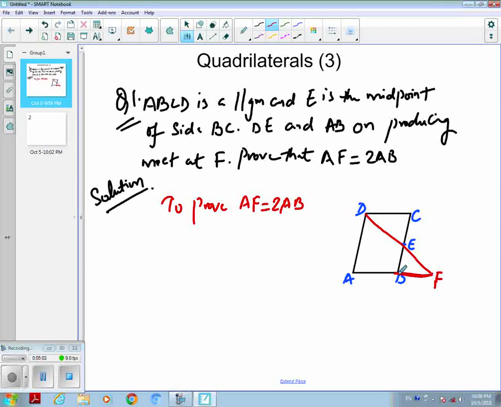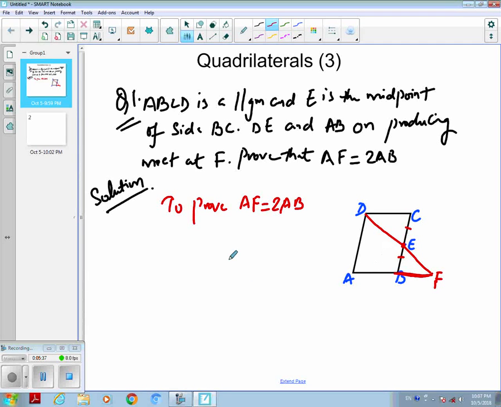That means B is the midpoint of AF. Now, how will we do this? We know that ABCD is a parallelogram and E is the midpoint of side BC. So that means this side is equal to this side, right?